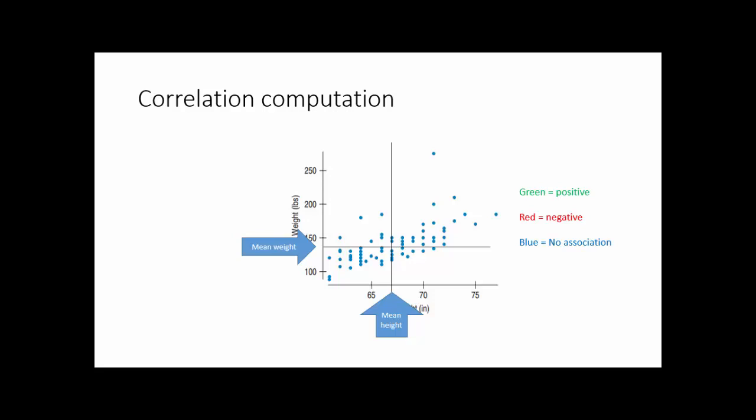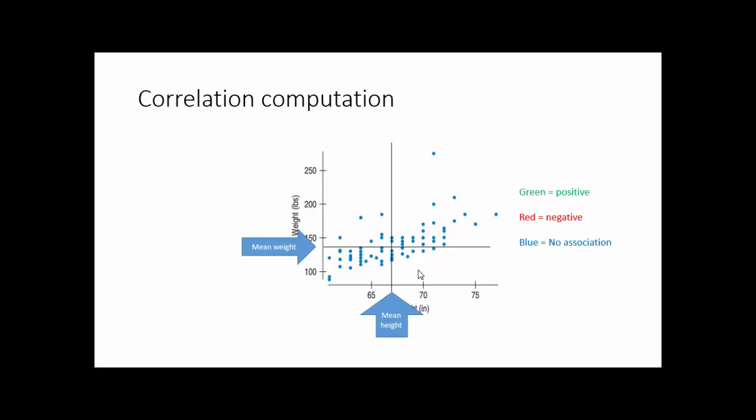But notice that it divides the points into four quadrants. Those two lines give these four quadrants: these points, those points, those points, and those points. And what I should do in thinking about these is indicate which ones help bring my correlation up, that is closer to +1, and which ones bring it closer to -1.